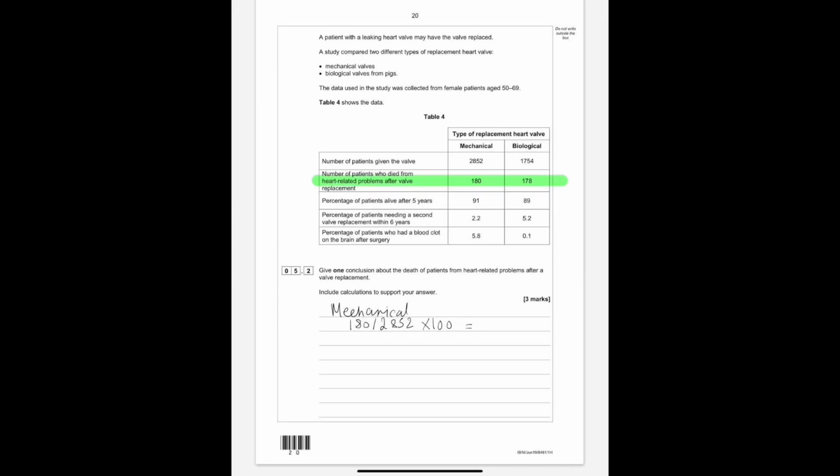Okay, so that's the first calculation. So let's do the second one, which is for biological. So we're going to do again 178. We're going to divide that by the total, which is 1754, times it by 100, and that's going to give me an answer of 10.14%.